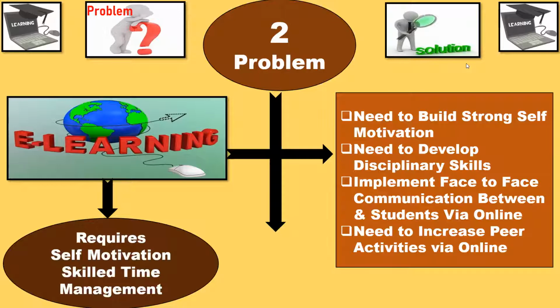First of all, we need to build a strong self-motivation. That means teachers should put more emphasis on creating a self-motivation attitude among the students. This is a very, very important aspect every teacher should concentrate on, like personal touch with all the students. I prefer that it's not advisable to call the students by their roll numbers.